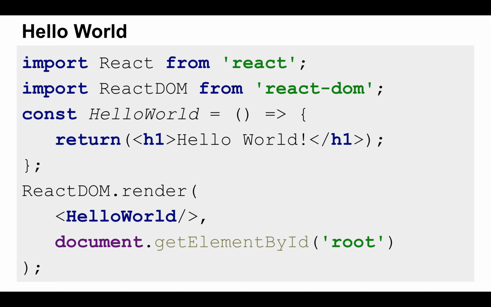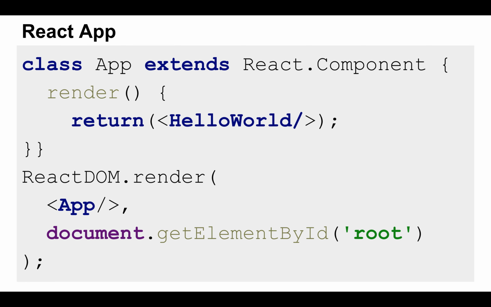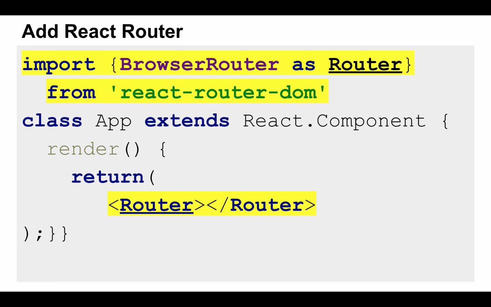To give an example of how routing works, here we have a hello world content, and we're going to create a couple of different pages and start navigating between them. To do this, the routing library is not part of React.